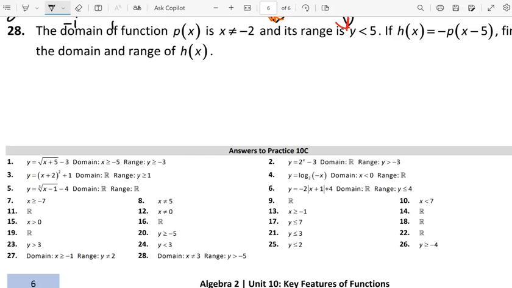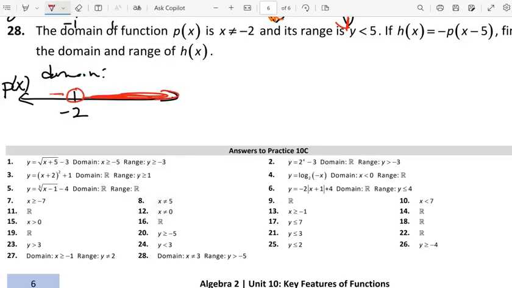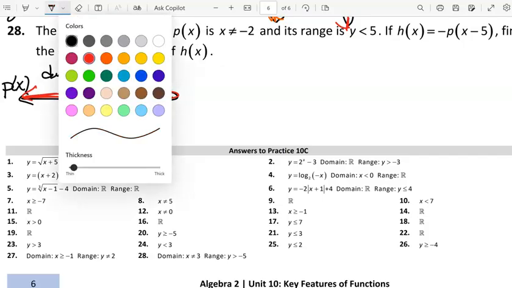In 28, we have the domain of a function p of x. That is, x is not equal to -2. So that's an open circle on -2, shading everywhere else.